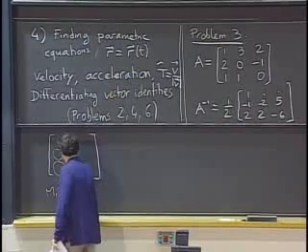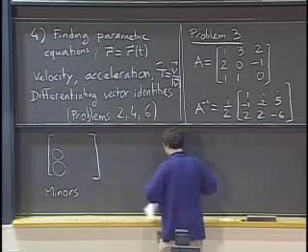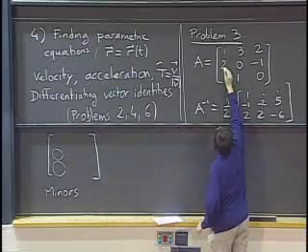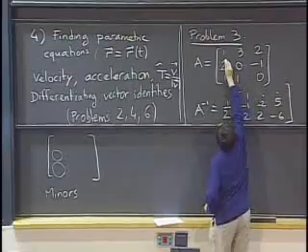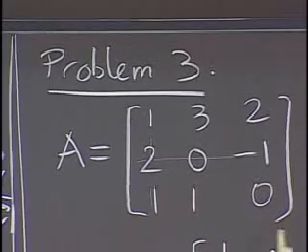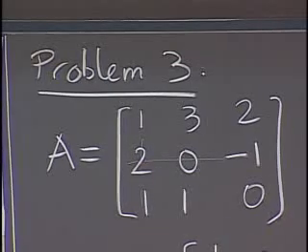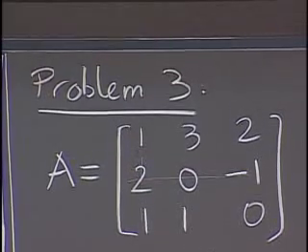In the matrix of minors, the one that goes in the middle position is obtained by deleting this row and that column, and we are left with the determinant 3, 2, 1, 0. 3 times 0 minus 1 times 2 should be minus 2.